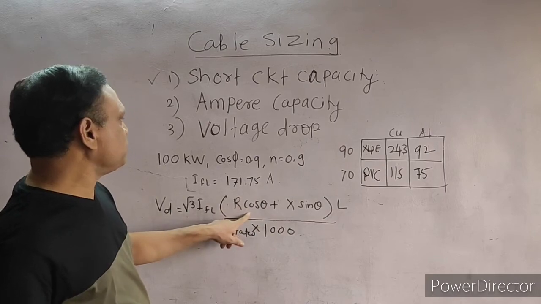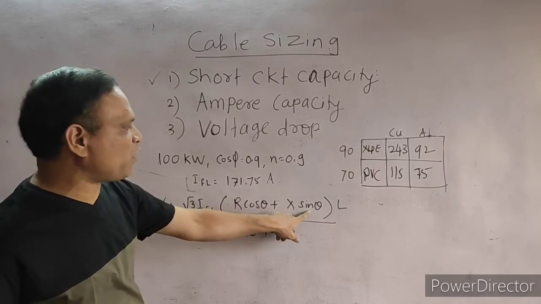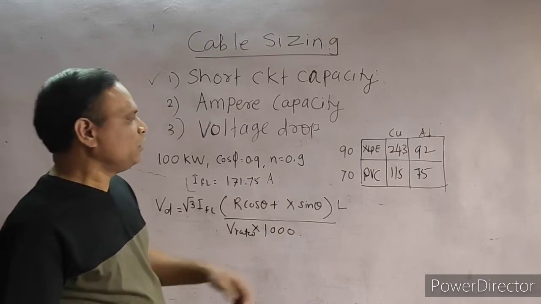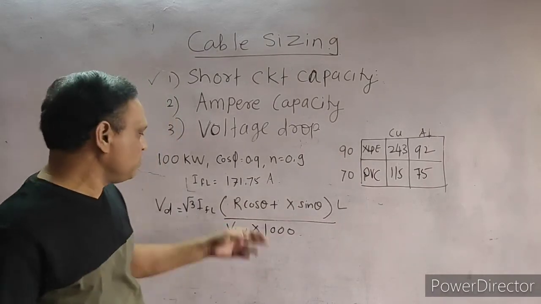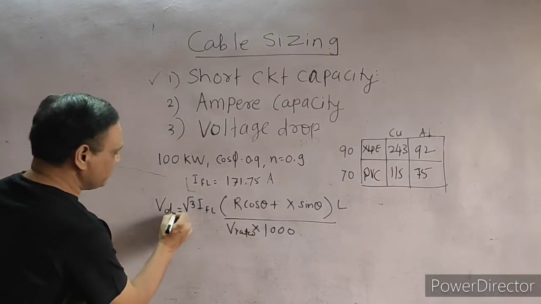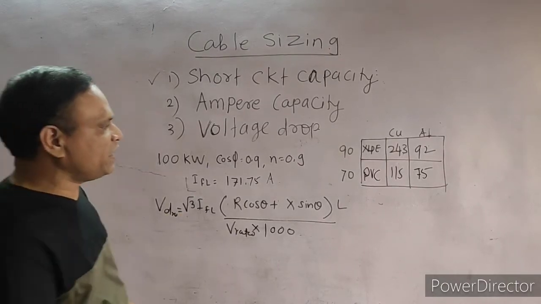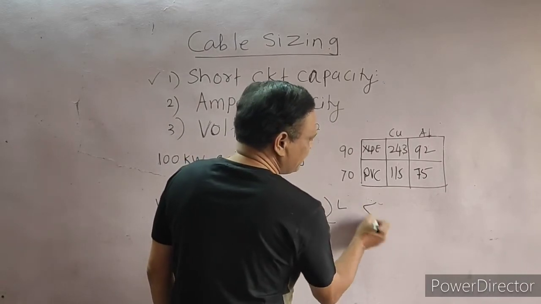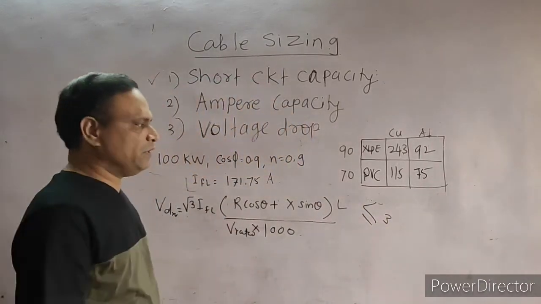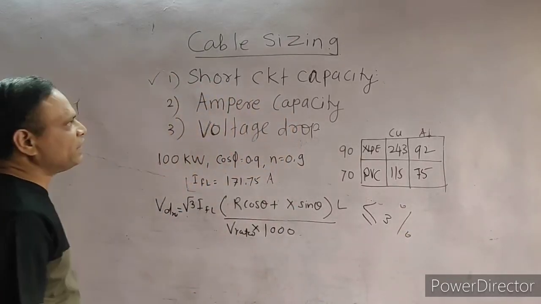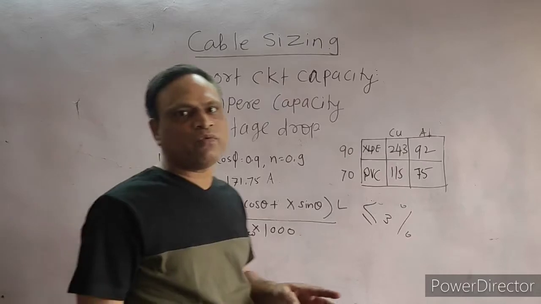If R and X are both known and L is given in meters, we can calculate the voltage drop at running condition. This voltage drop should be less than 3% of the rated voltage, that is 415 volts.